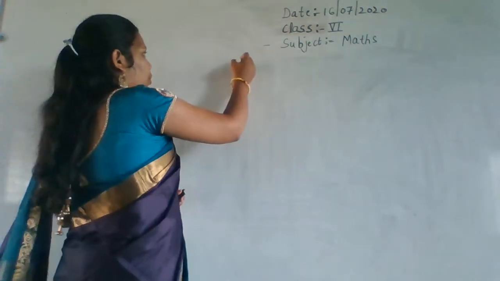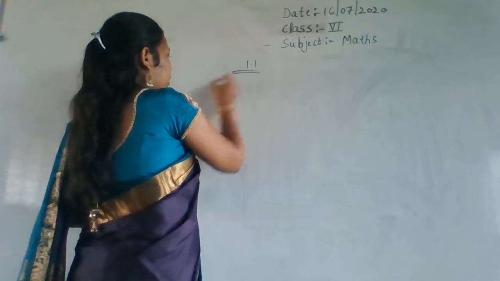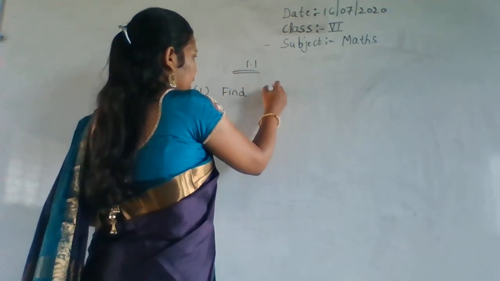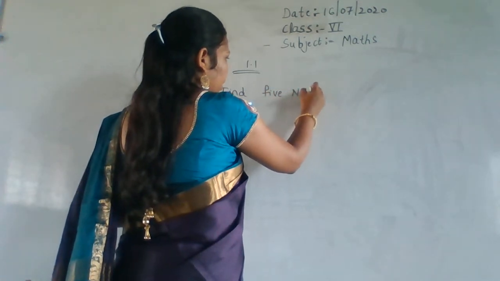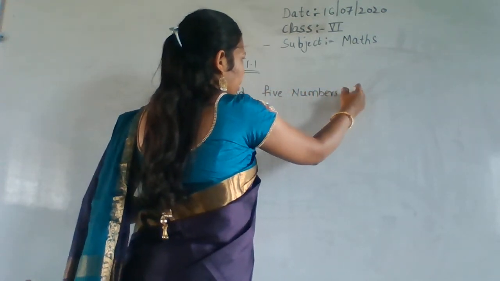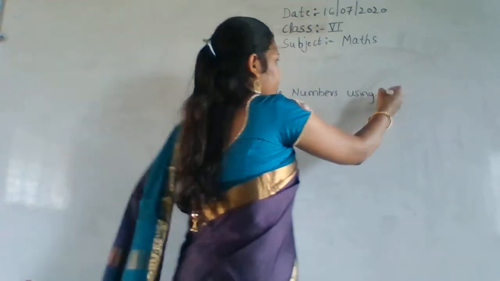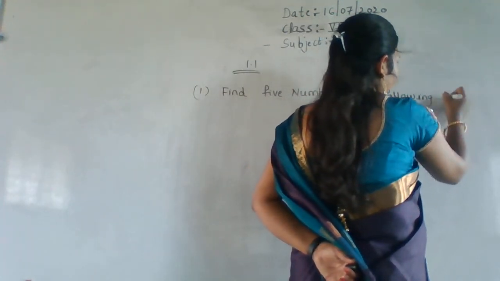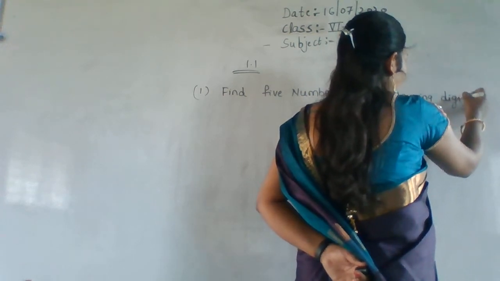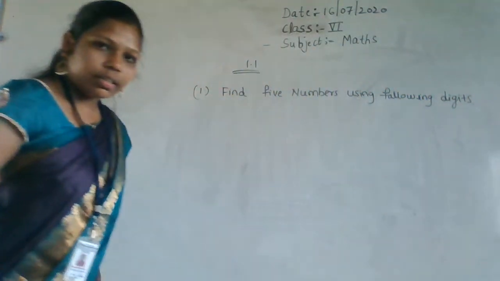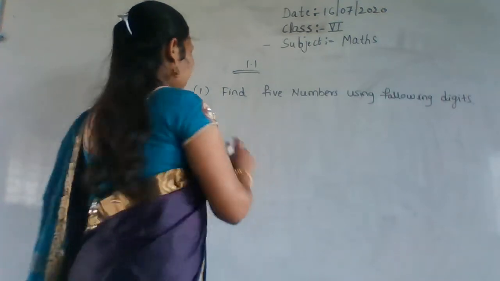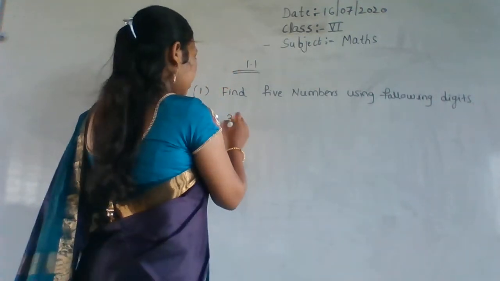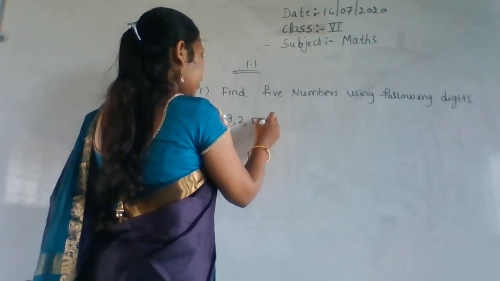First one, what they told in 1.1, first main is: find 5 numbers using the following digits. How to find the 5 numbers? First one, what they have given: 3, 2, 5, 4.